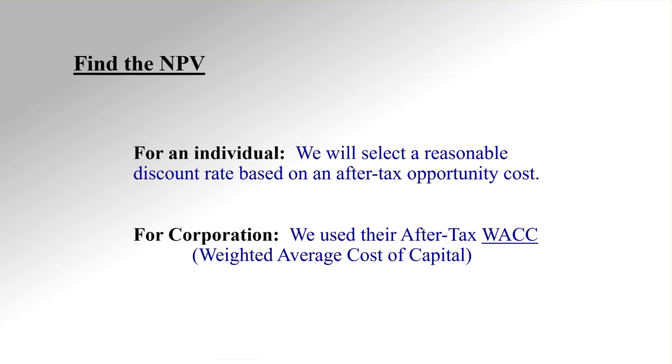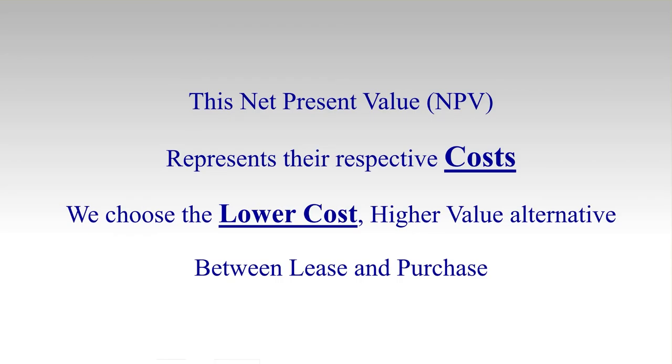If you're a corporation, your CPA can provide you an after-tax weighted average cost of capital. And we use these discount rates to come up with our net present value. Remember that we will be comparing the costs of the two alternatives. The net present value represents the costs of each alternative. And so whichever has the lowest cost, that's the option that we will choose.